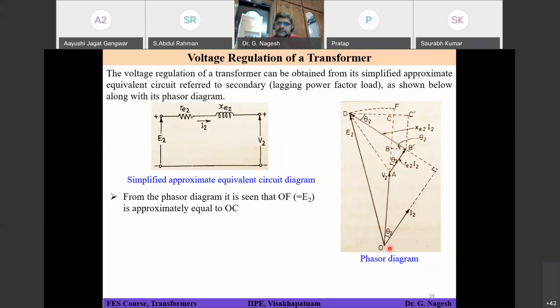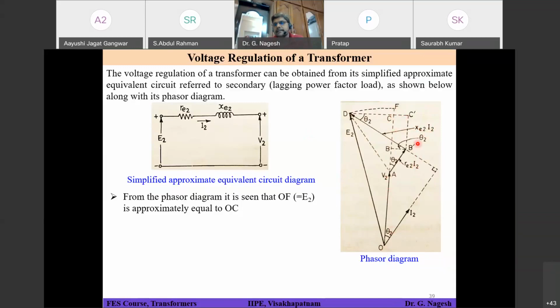If you find OC, the difference between OC and OA is nothing but your E2 minus V2. So I am considering a little bit of approximation here. E2, exactly speaking, should be OF, but I am considering OC, because the error will be small. That is the assumption I am taking. So we have to calculate the value of OC in terms of RE2, I2 and XE2, I2.